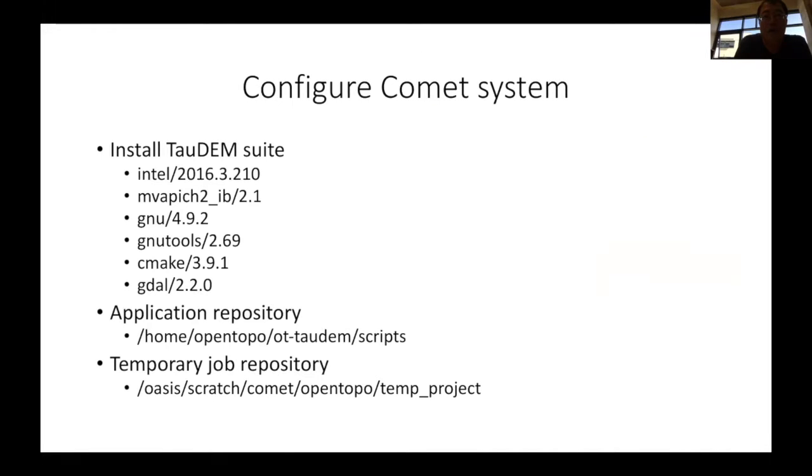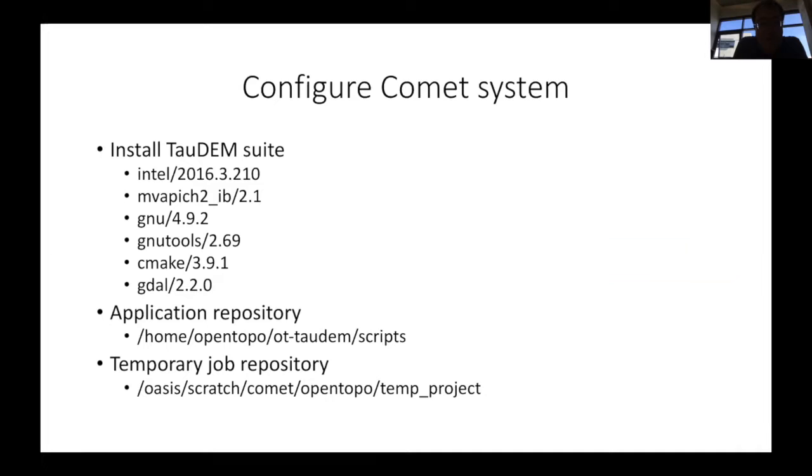Okay. We configure a common system for job management. We installed the TauDM Suite using Intel, Embedded, MVAPICH2, GNU compiler, and CMake, and other libraries. Based on that, on the cluster, we have an application repository that contains the TauDM scripts and binary pseudocode.